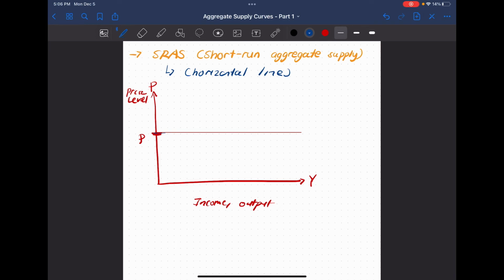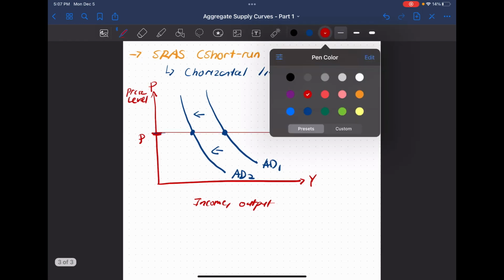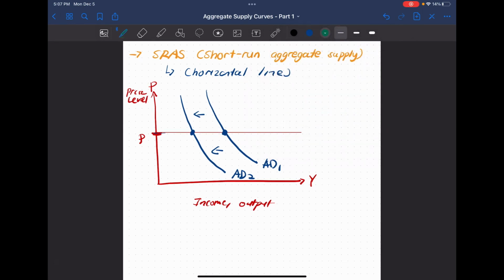So for instance, our economy starts out with AD1 and there is a demand shock, and it shifts AD1 leftwards from AD1 to AD2. Don't forget the arrows again. We can see that the prices in the economy are the same, but what changes here, note this is very important, is the output. We started out with output Y bar, and now we are ending up at Y1.